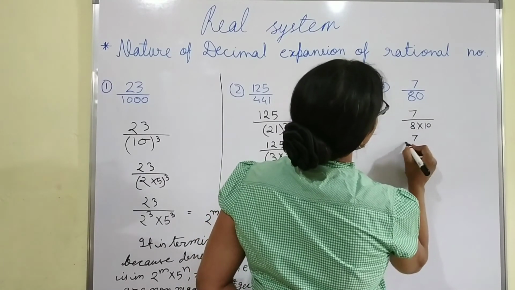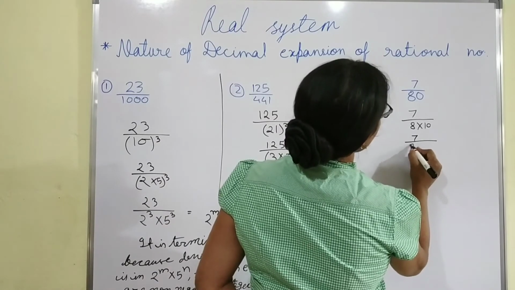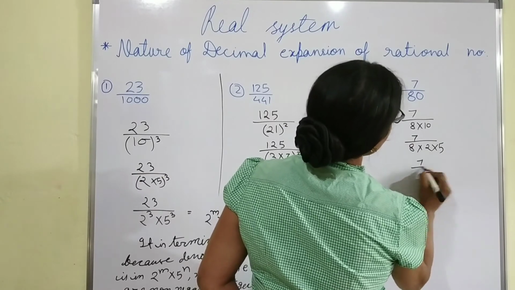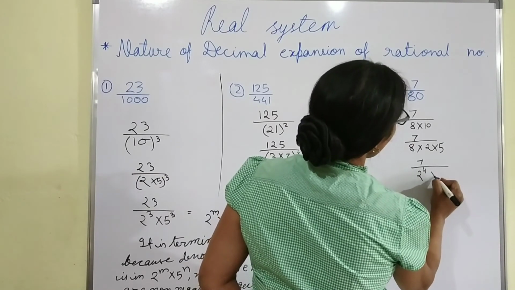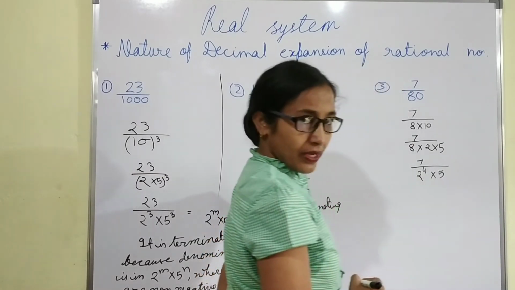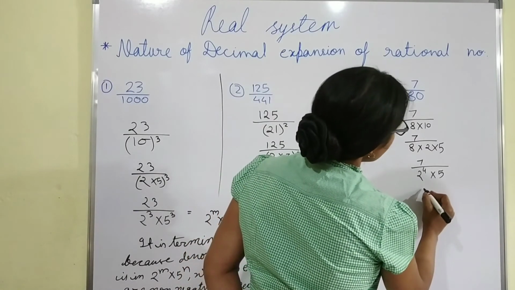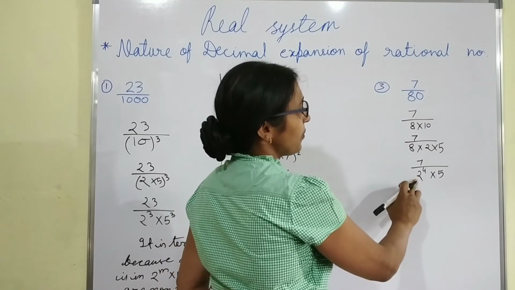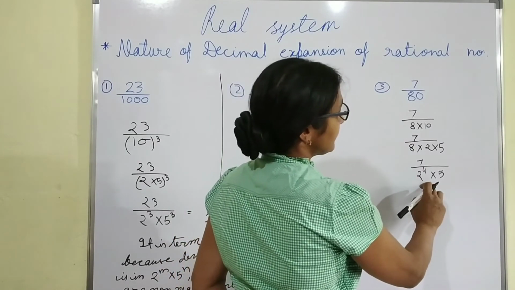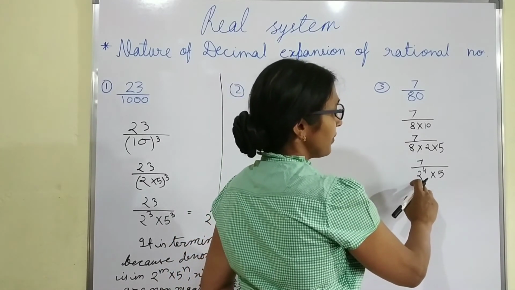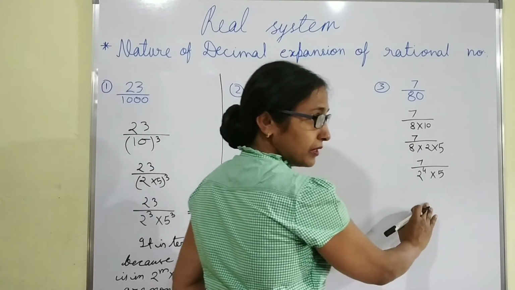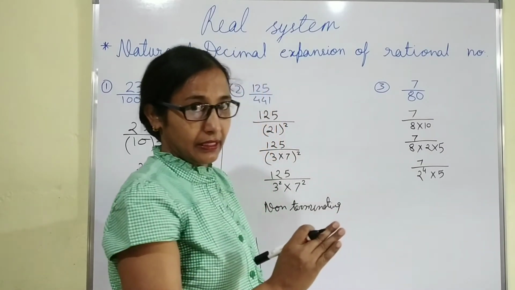Okay? Now in this question, 7 upon 80 means 7 upon, we can write 8 into 10. That is 7 upon 8 into 2 into 5. So 7 upon 2 power 4 into 5. See, again the denominator is in the form of 2 power m into 5 power n, so it is terminating.